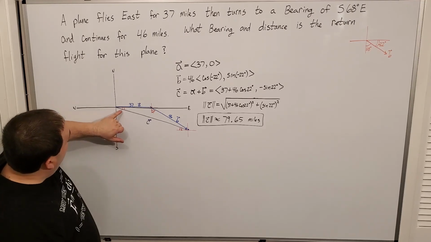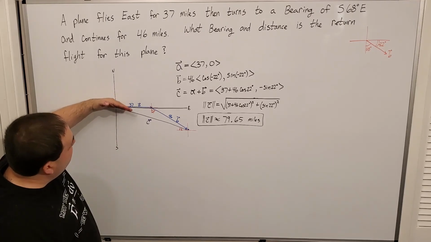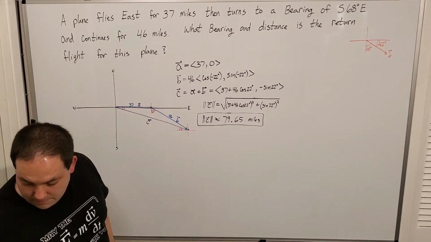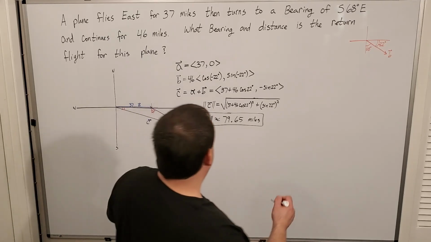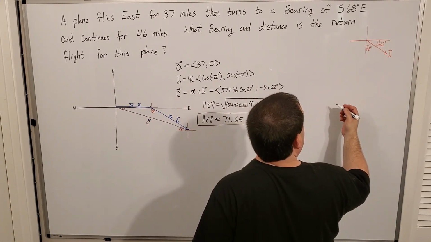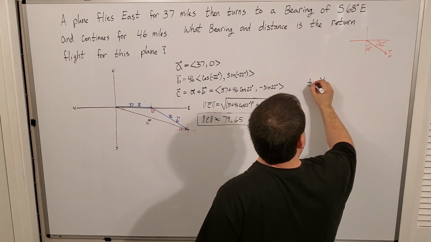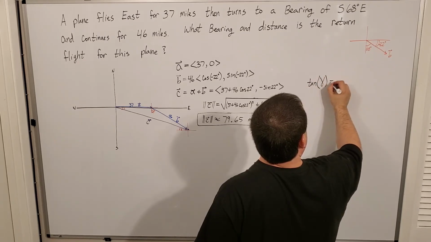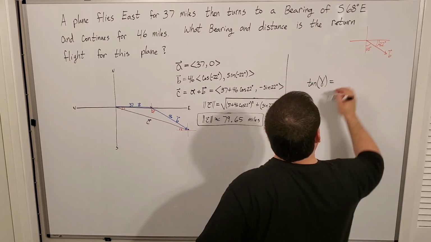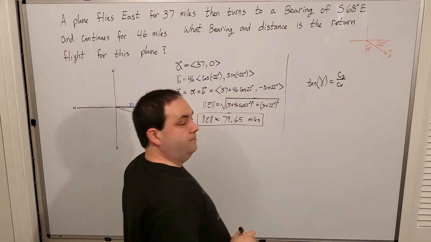And notice the way I've labeled this angle here, that's the vector angle of vector C. Okay? So the thing that I've labeled as gamma there is the vector angle of vector C. So in other words, the tangent of gamma is going to be equal to CY over CX.